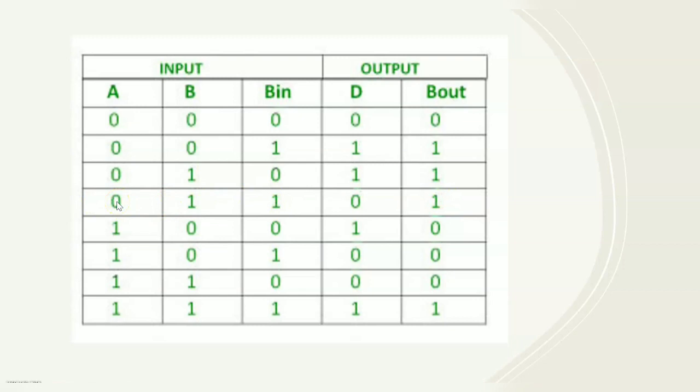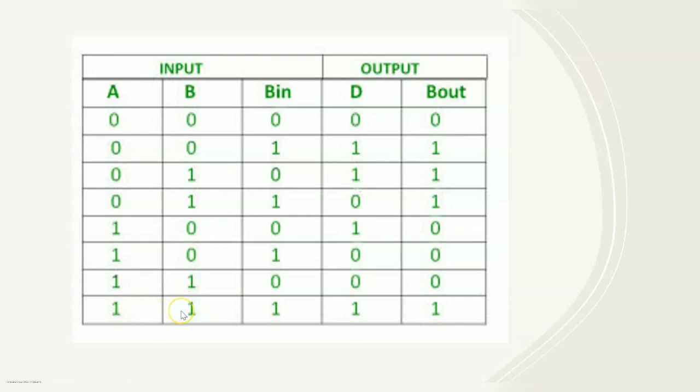So here we are actually performing 0 minus 1, then we take the result and again subtract a 1 from it. Hence we get a difference 0 and borrow 1. Likewise, we take all the values. For the last case, when we take 1, 1, 1, first A and B are 1, 1.